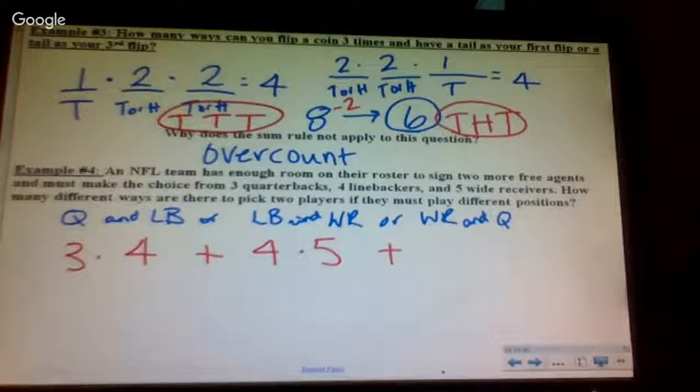Or wide receiver and quarterback, 5 and 3. So how many total options do we have here? 47. I have 47 different ways that I can sign someone.